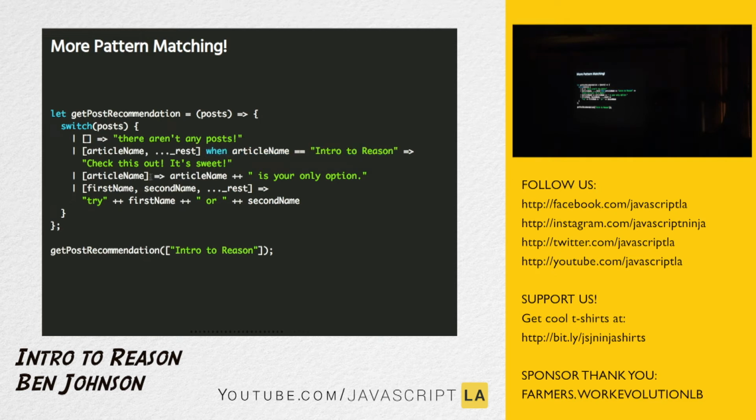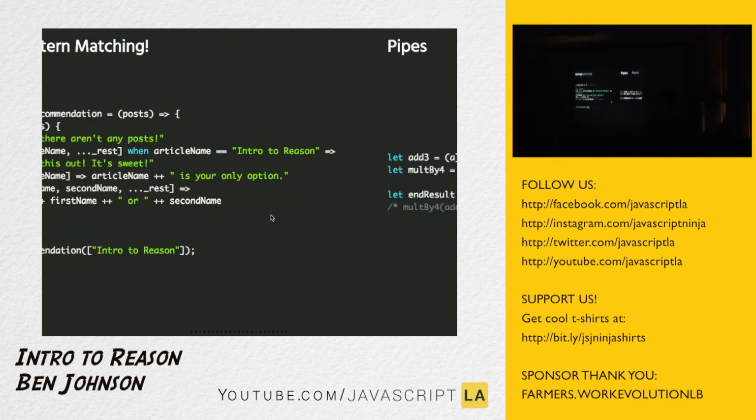This would be matching on a list of only one item, and you'd say that's your only option. And this would be matching on a list of at least 2 items, but potentially more. And you just say like, hey, try the first or try the second. And so this is where, like I said, the Reason syntax really starts to shine and really lends itself to very elegant patterns in our code.